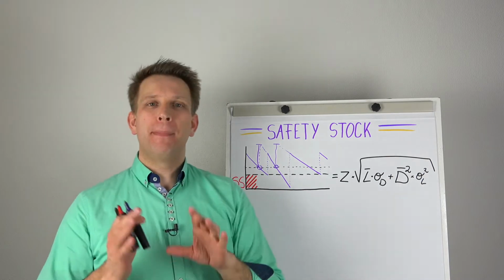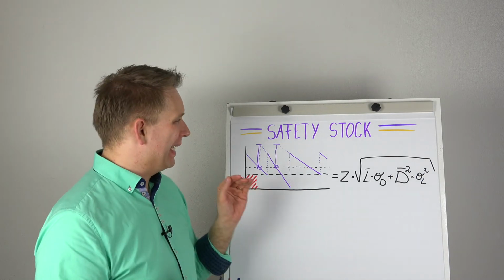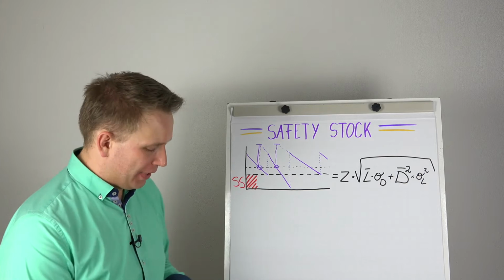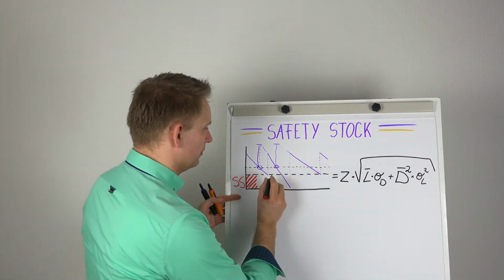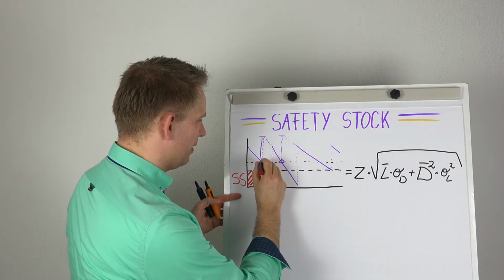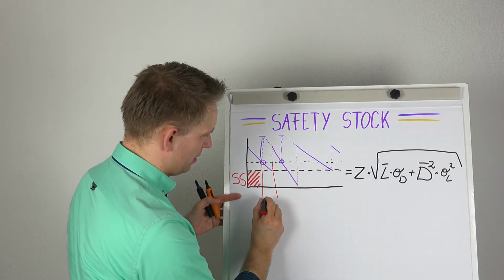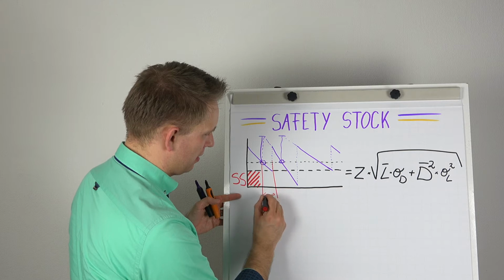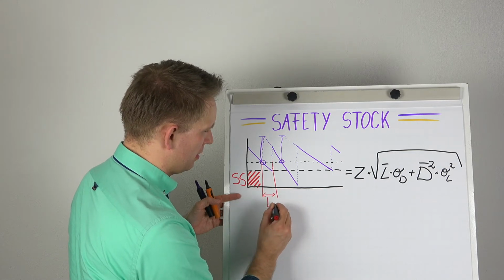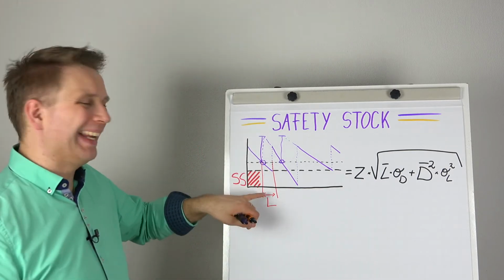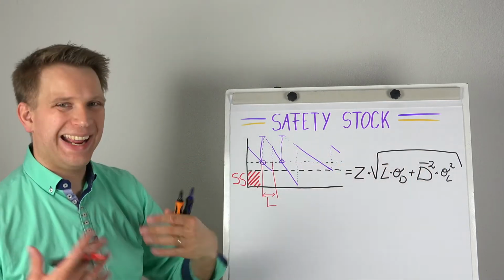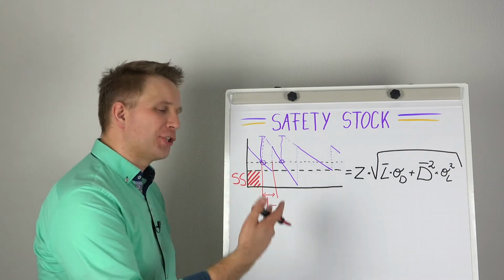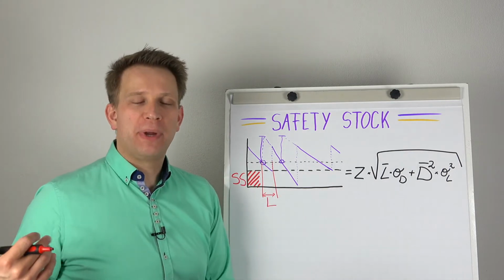And I think the best ones to start with are the L and the D. Now the L is the lead time. So the lead time that we expect, and the average here, the bar, so the average lead time that we saw over the last so many periods.